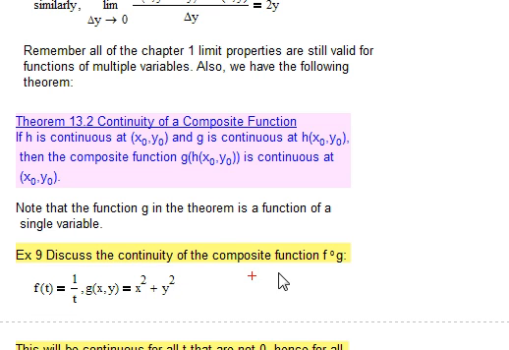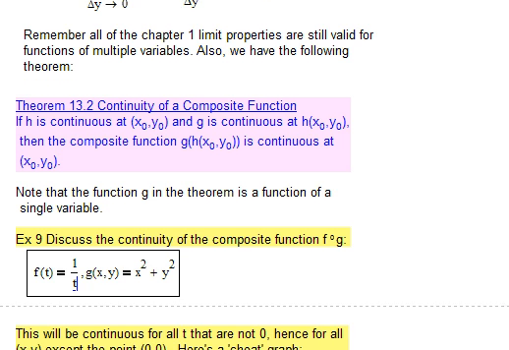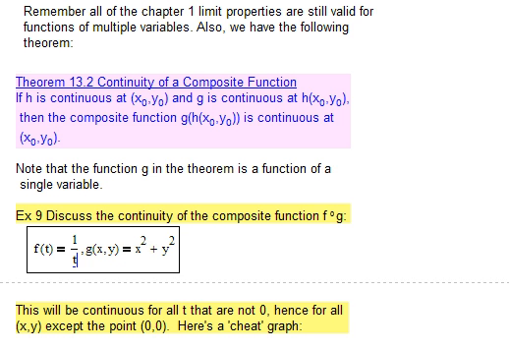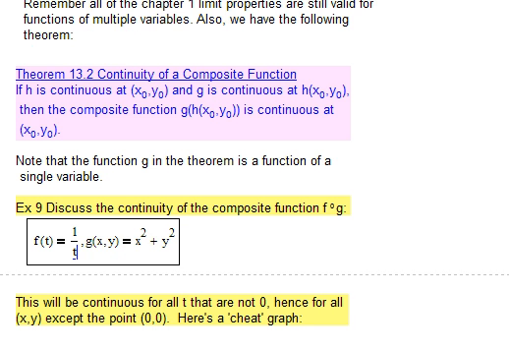That would be 1 over x squared plus y squared. So that's not continuous where we have the denominator equal to 0. But other than that, it's okay. So really, it's just the graph of 1 over x squared plus y squared.